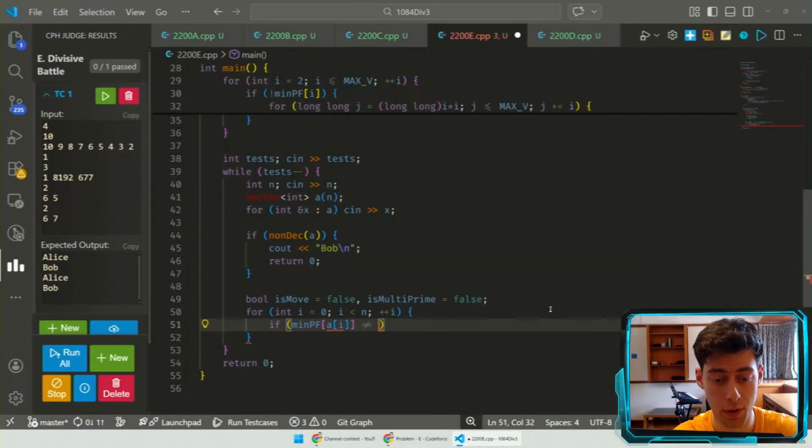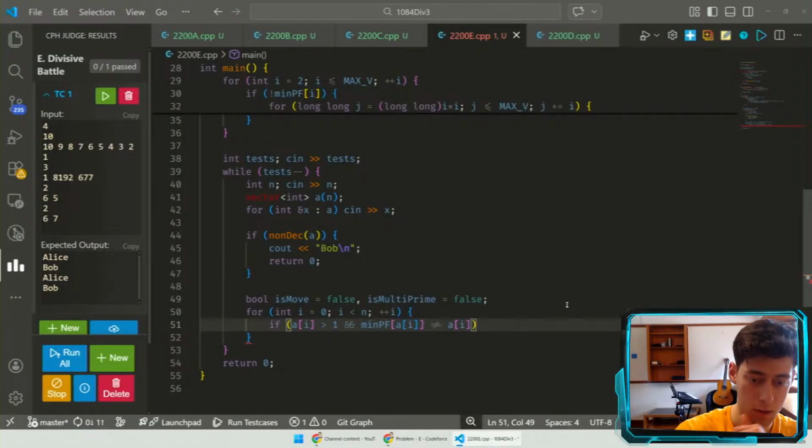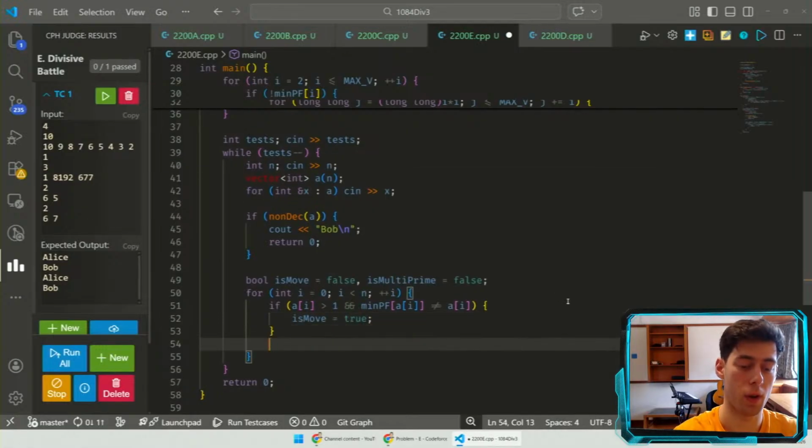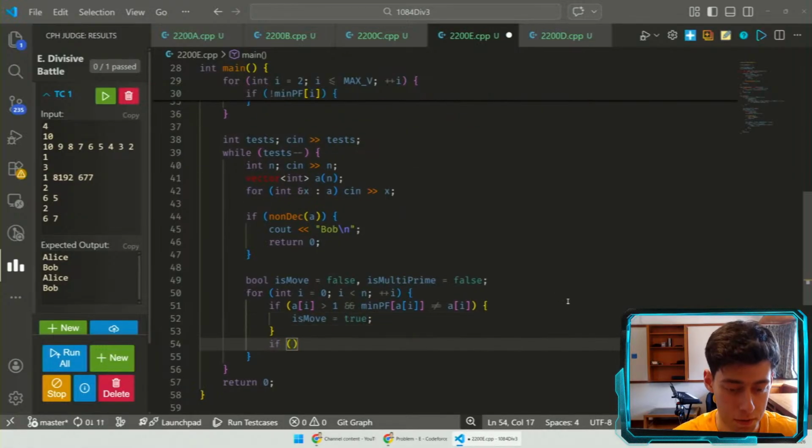If the min prime factor of AI is not AI, so it's not prime and not 1, then there is a move on it.